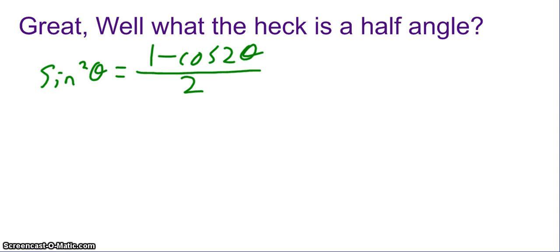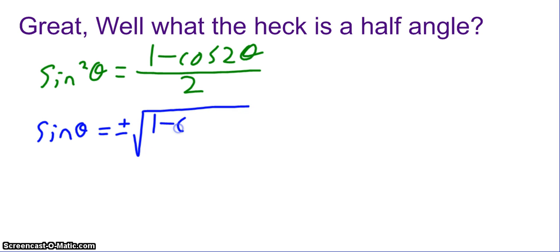Well, what if I take the square root of both sides because I don't like sine squared? Then we're going to end up with sine of theta is plus or minus the square root of (1 minus cosine of 2 theta) over 2.